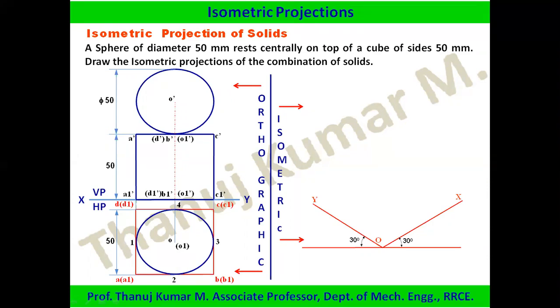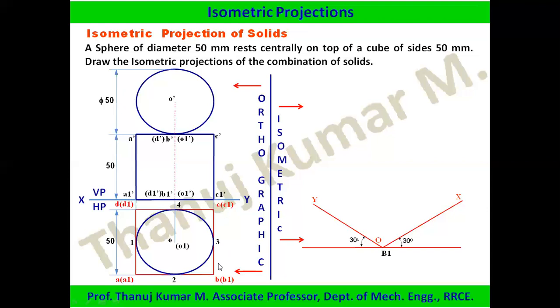Z comes later. After you have drawn the coordinate system, measure A1B1 or B1C1 or C1D1 or A1D1. All four sides are equal to 50 mm. So let me measure. I'm taking B1 as the center of this particular isometric diagram.